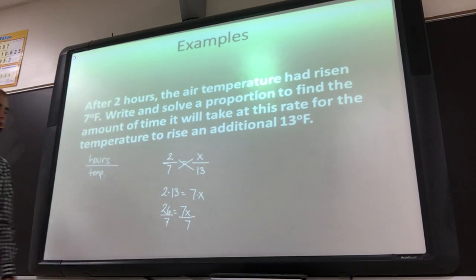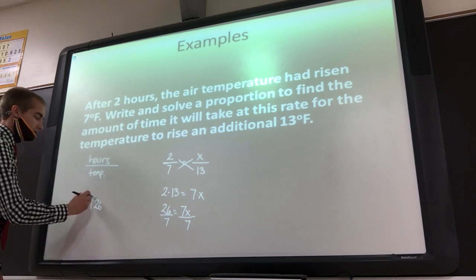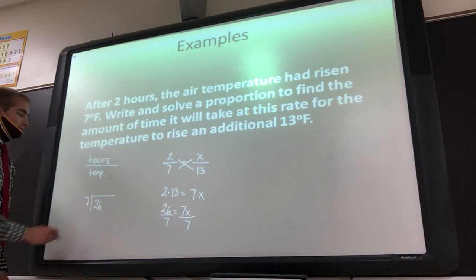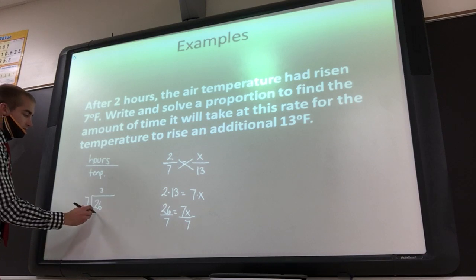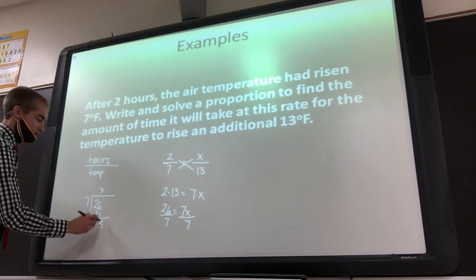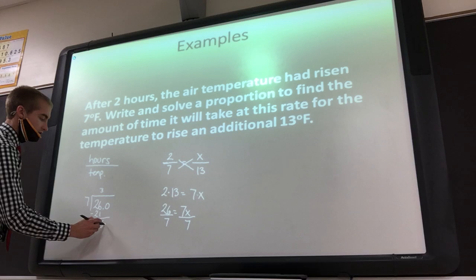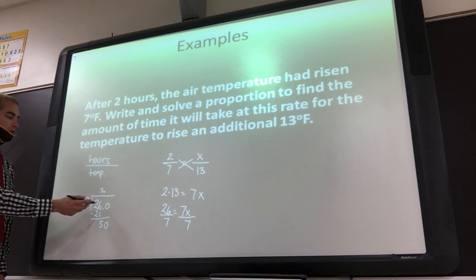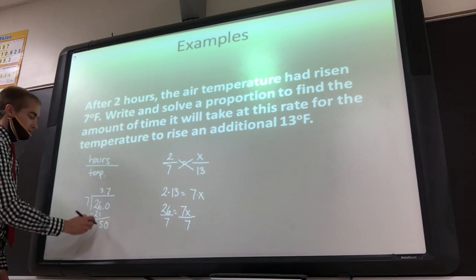So we're going to do 26 divided by 7, and that will give us a decimal. And we'll round to the nearest hundredth if we need to.